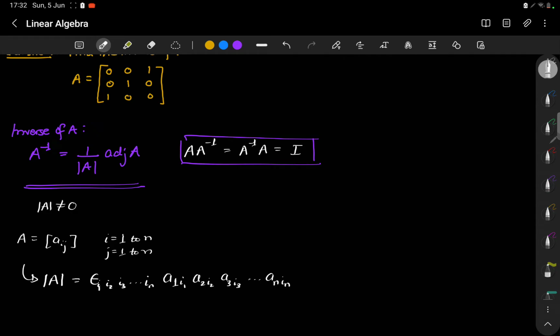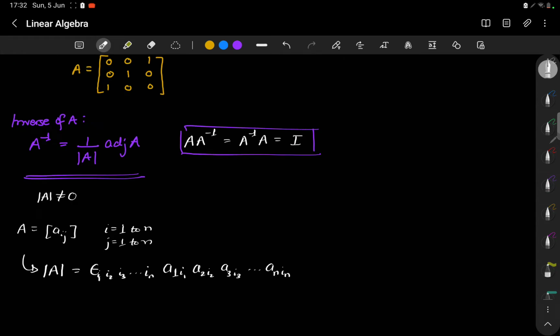Where we have used the Einstein summation notation, and epsilon is the Levi-Civita symbol, also known as the alternating symbol or the antisymmetric symbol.